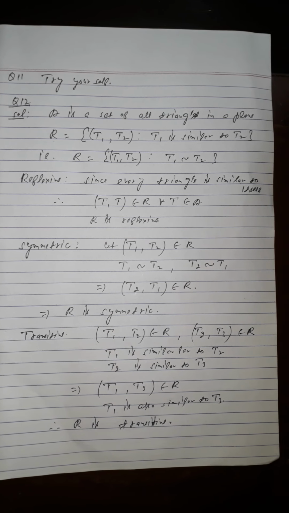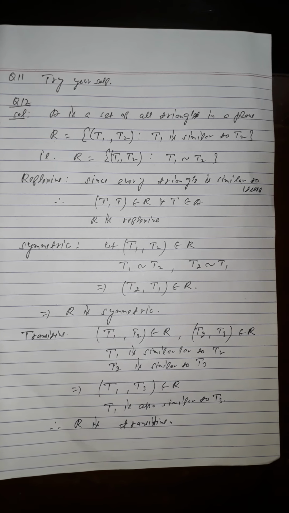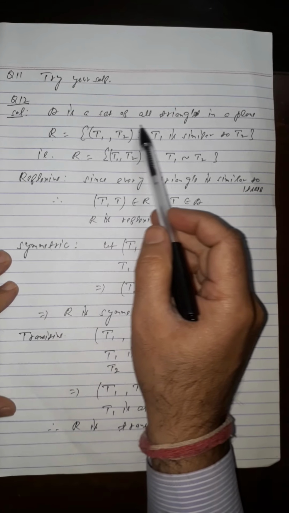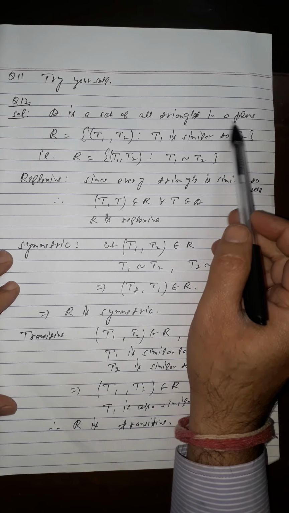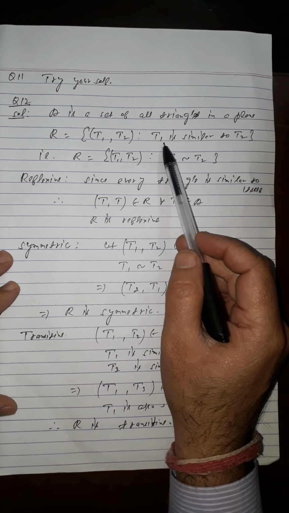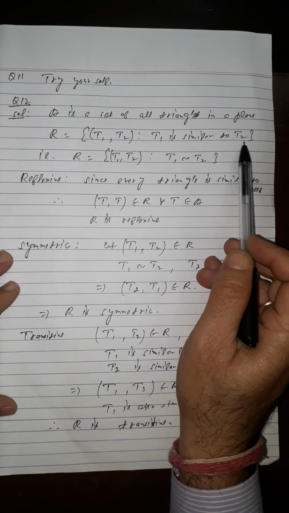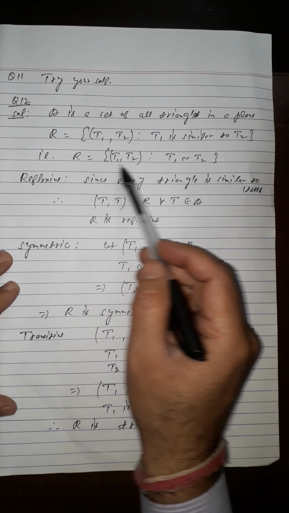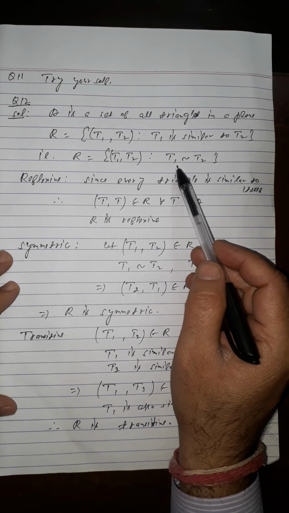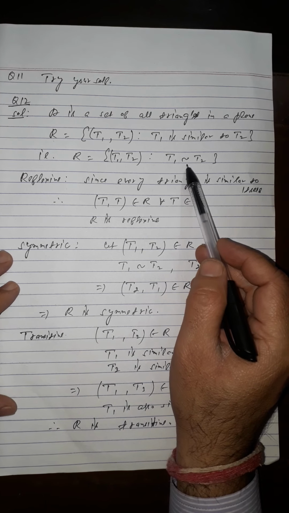So here students, I want to tell you how to do this type of question. So let us see. First of all, we have to see that this A is the set of all triangles in the plane. So R is equal to (T1, T2) such that T1 is similar to T2, where this is the sign of similarity.